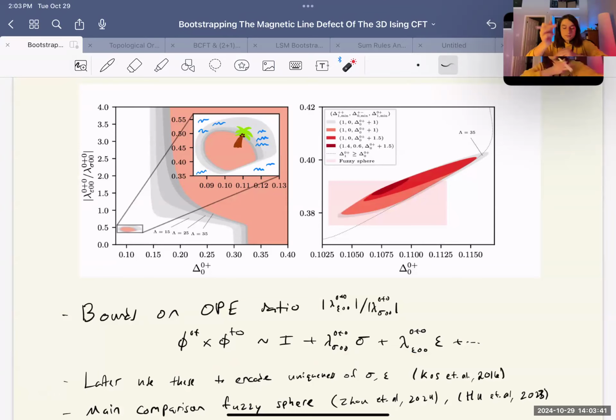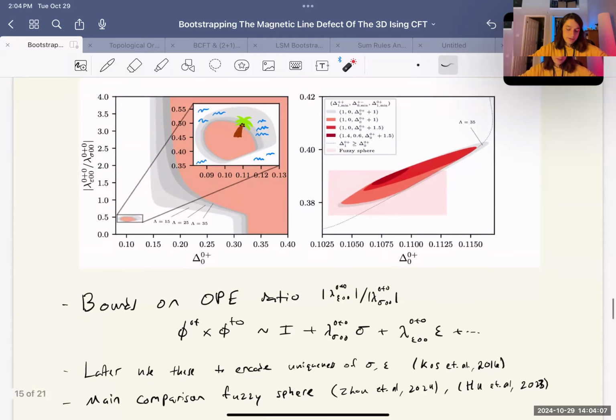It turns out that in the bootstrap, if you fix some ratio of OPE coefficients, it's analogous to basically saying that there's only one OPE channel where operators of that dimension contribute. And so it encodes the uniqueness of these operators.